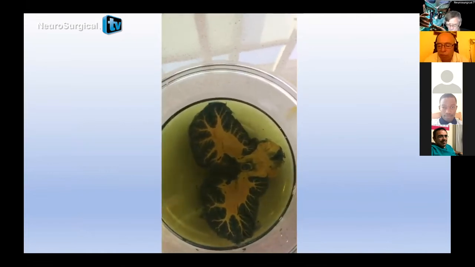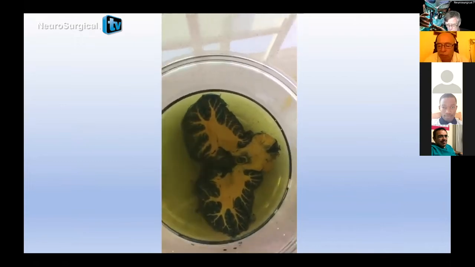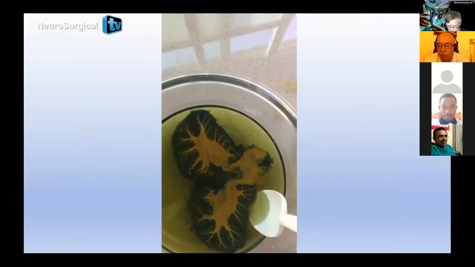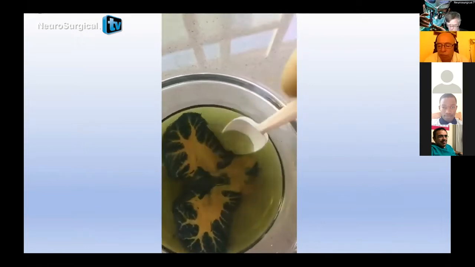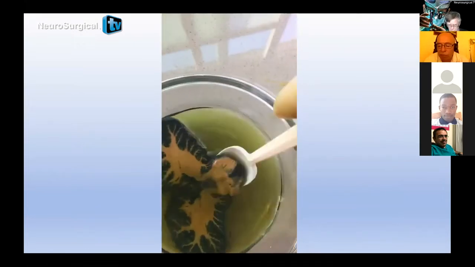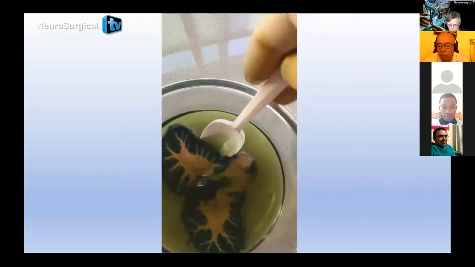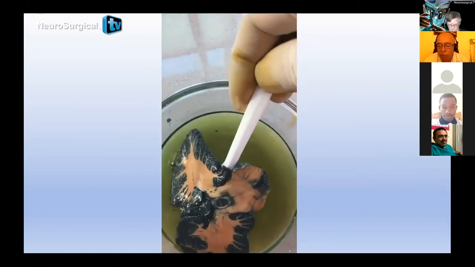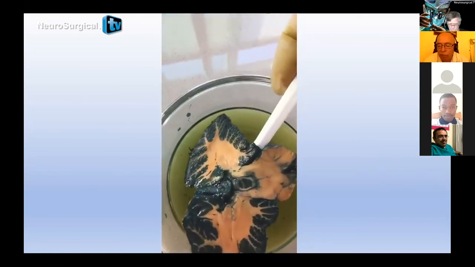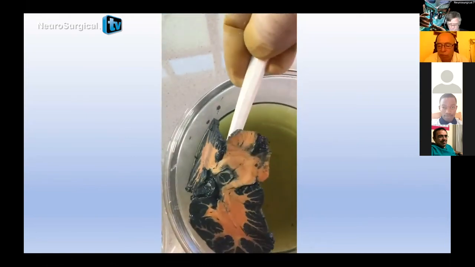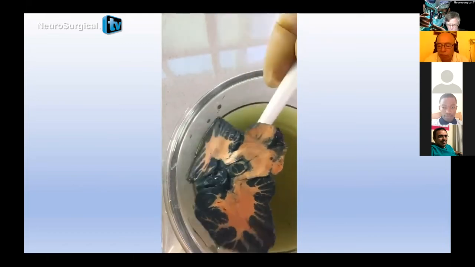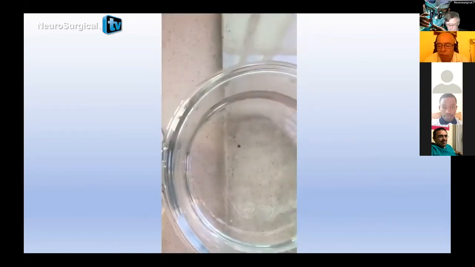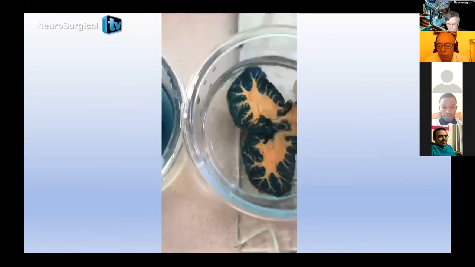All the gray substance is changing to color blue. This is like magic. This is a magic step.